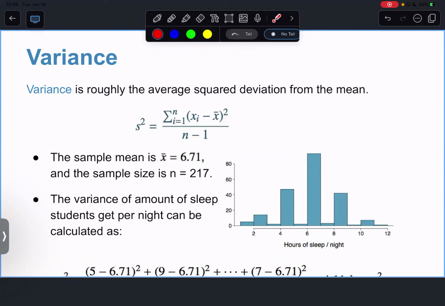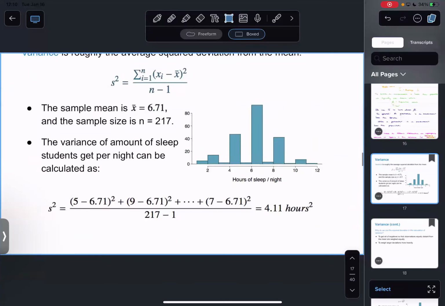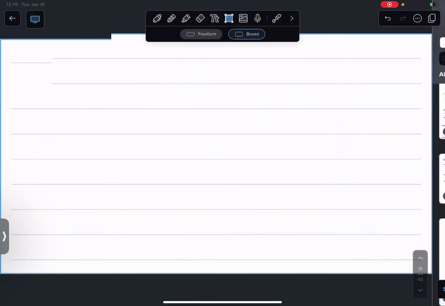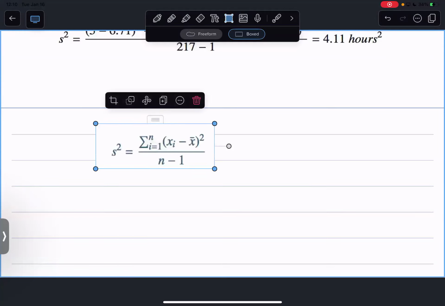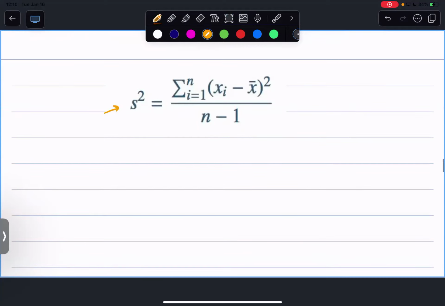And so here, the sample variance is denoted by a lowercase s squared.